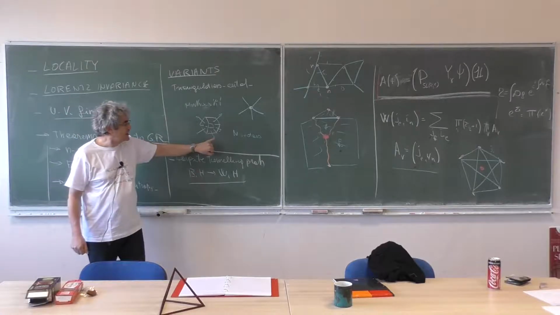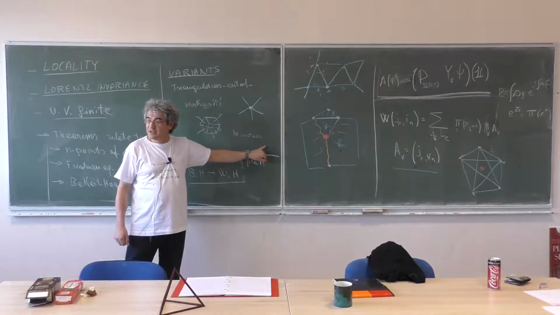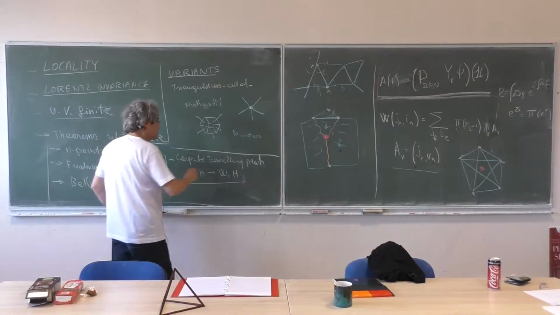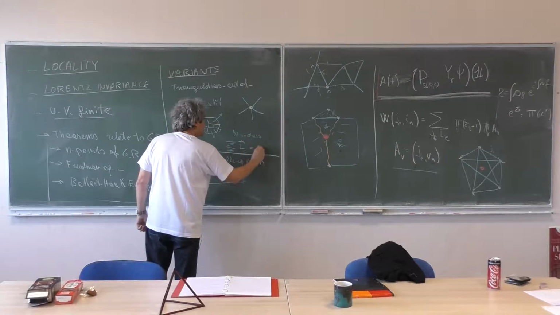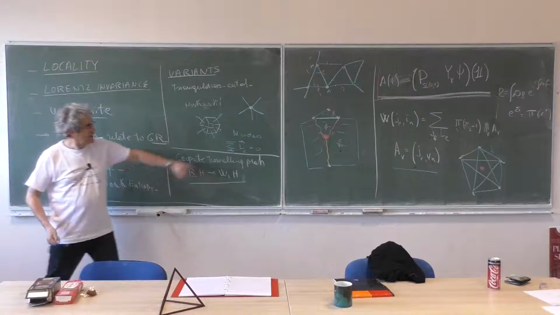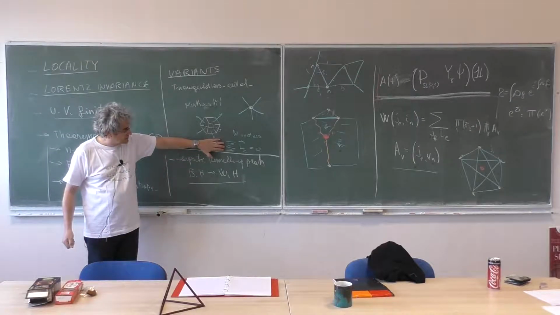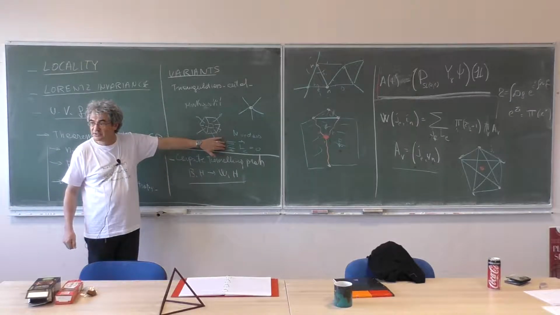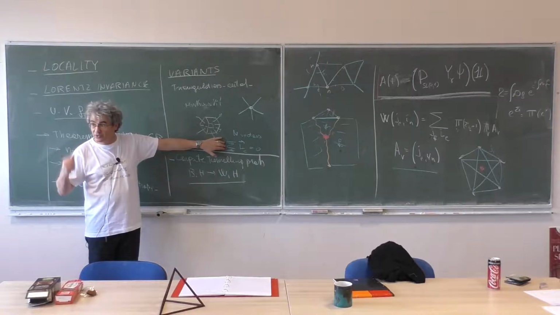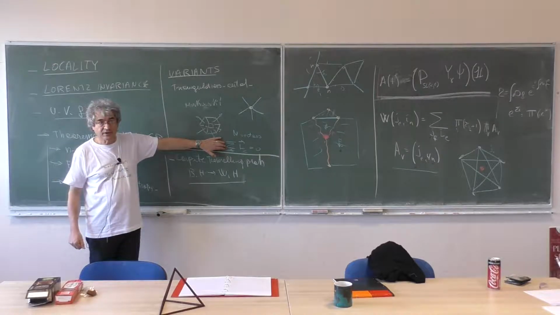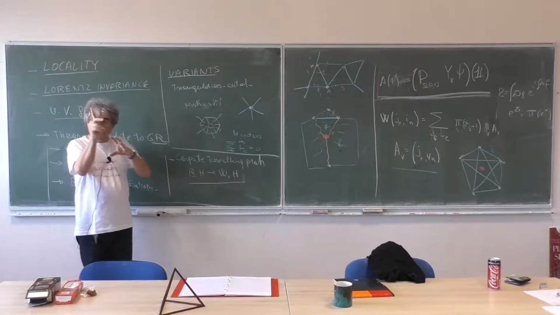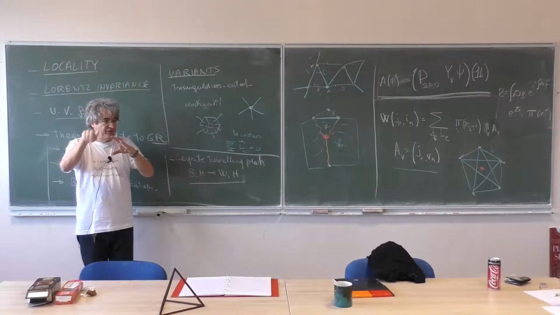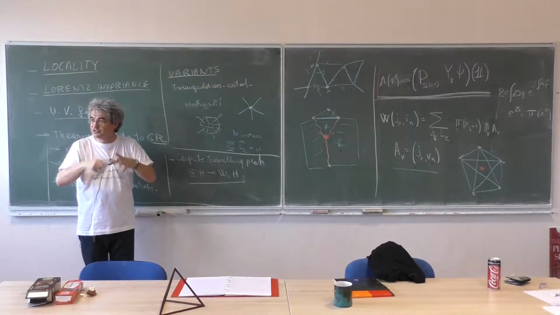So in fact, it's stronger than that. If you have n vectors which satisfy the condition that the sum of all of them is 0, it's sufficient to have an arbitrary number of vectors satisfying this equation, and the theorem says that there is one and only one polyhedron that has the shape such that these vectors are normal to the faces and the length is proportional to the area.